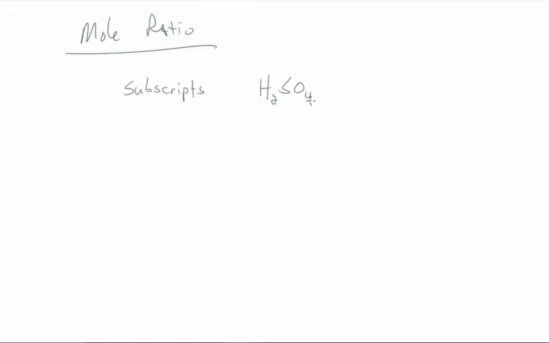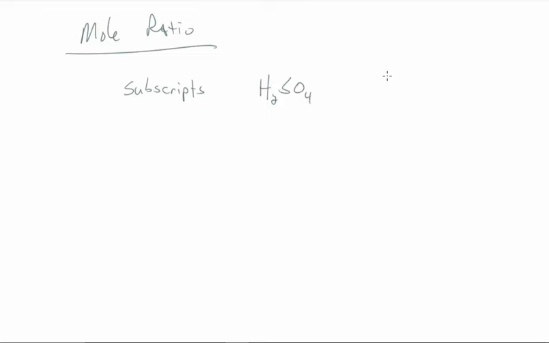And now let's go ahead and explain what this mole ratio is. A ratio is in relation one quantity to another. So, the first mole ratio that we're going to look at is mole ratios based on subscripts. I think I used sulfuric acid in my formula mass lecture. My subscripts tell me our ratio.